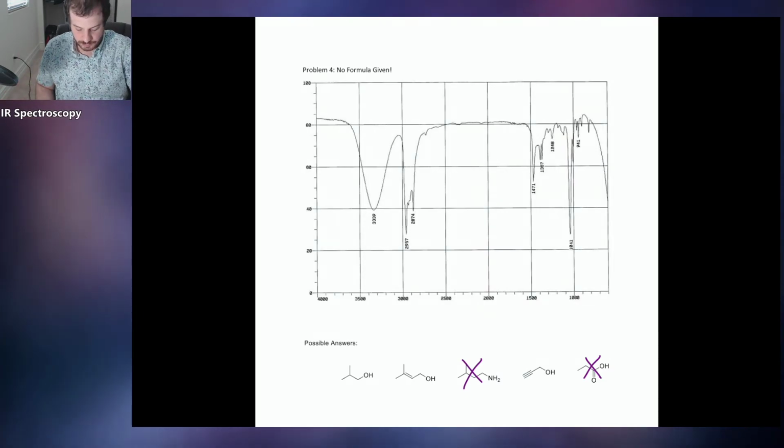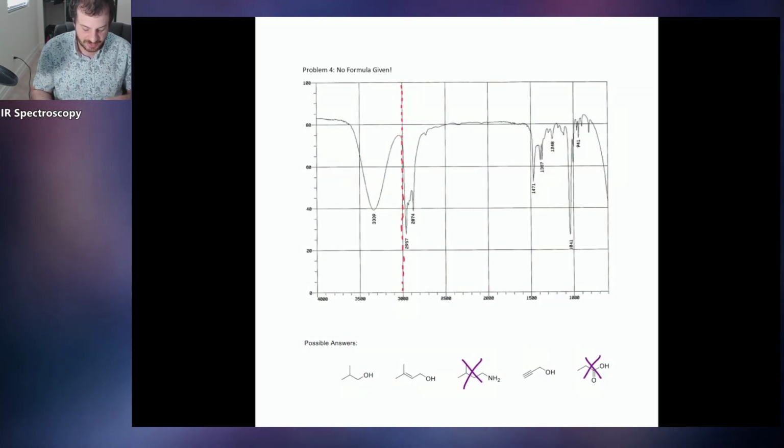Now, the distinguishing differences between these compounds is compound 2 has a double bond and compound 4 has a triple bond. If your compound has a double bond, a great way to tell is to draw a line right at 3000. So I just drew a line right at 3000.